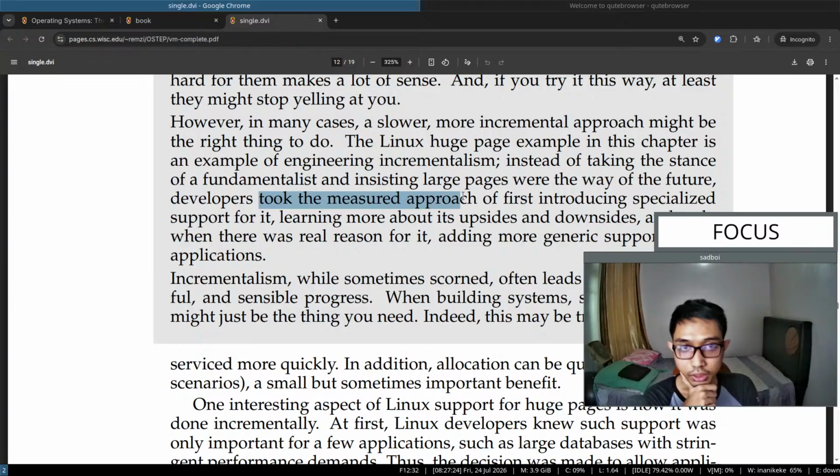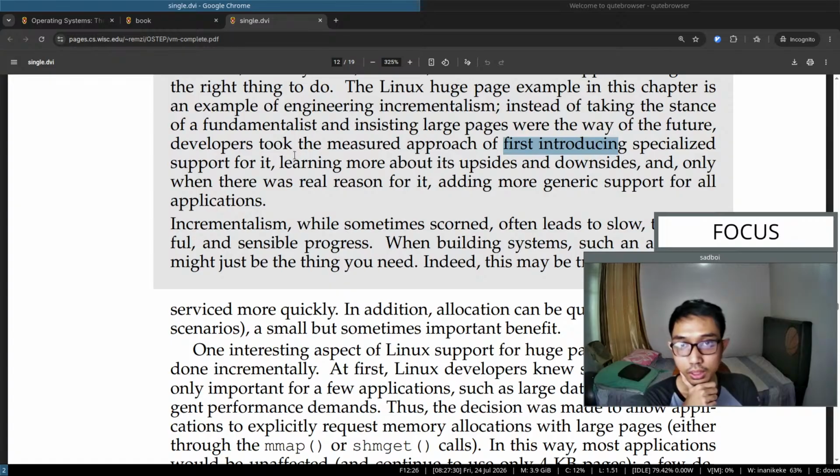Developers took the measured approach of first introducing specialized support for it, learning more about its upside and downside, and only when there was real reason for it, adding more generic support for all applications.